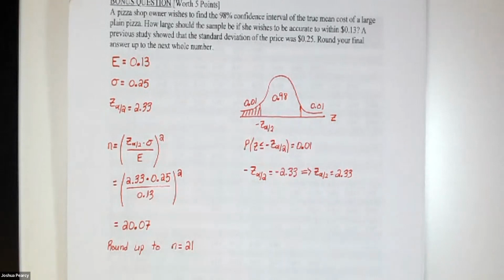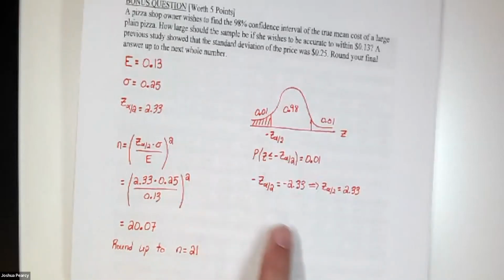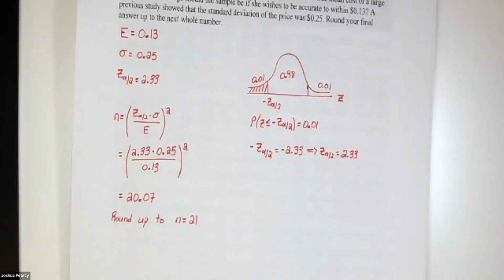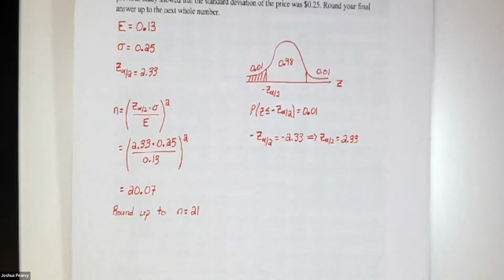That means that 0.02 area is left in both tails added together. Therefore, 0.01 is in each tail. And then all you have to do is find the associated z-score on this side. If you do that, you get the negative z alpha over 2 is negative 2.33. Or you can just say the positive z alpha over 2 is 2.33.